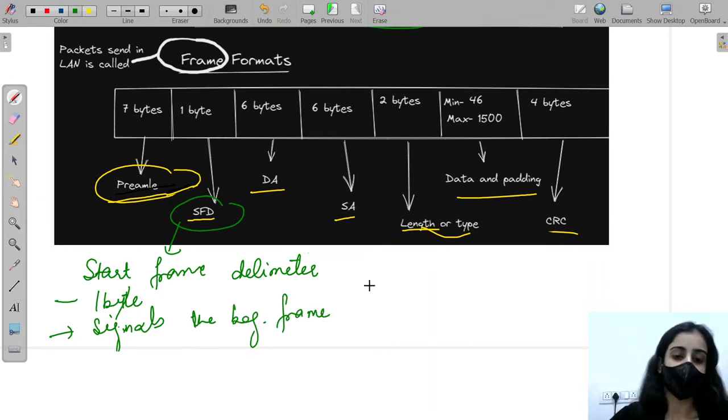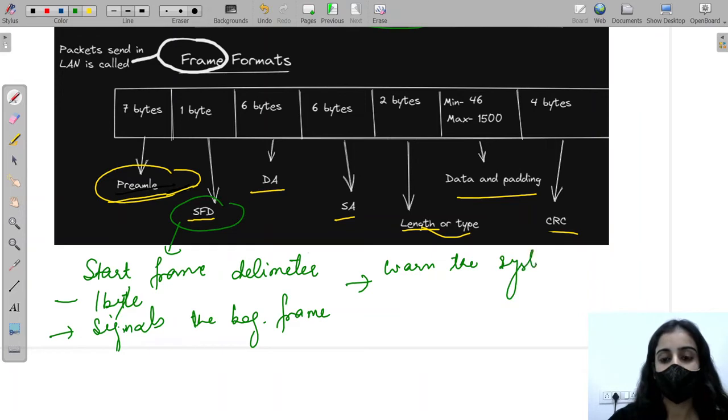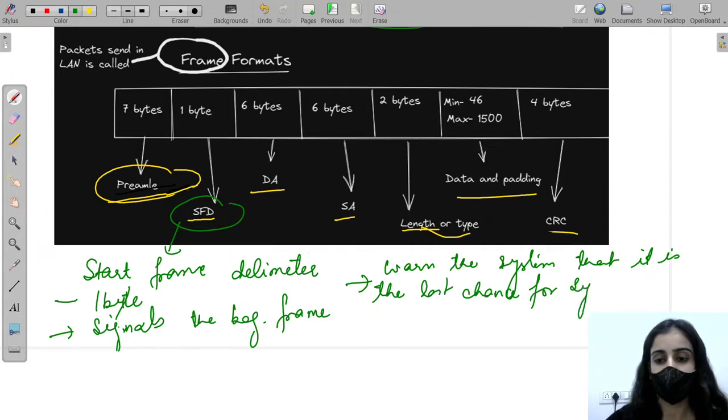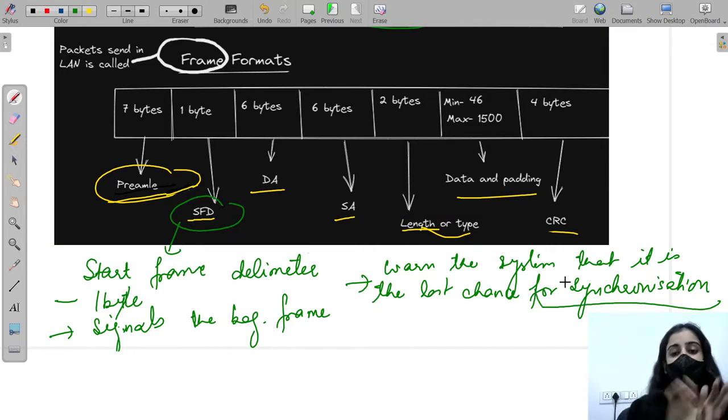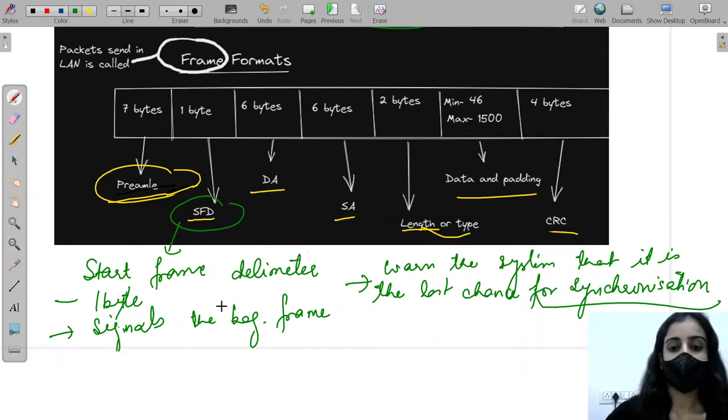It tells that the frame has begun, and its job is to warn the receiving system that it is the last chance for synchronization. So it tells the system that it's the last chance to do the setup before the packet enters the system.